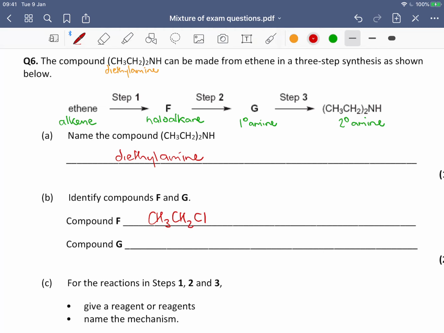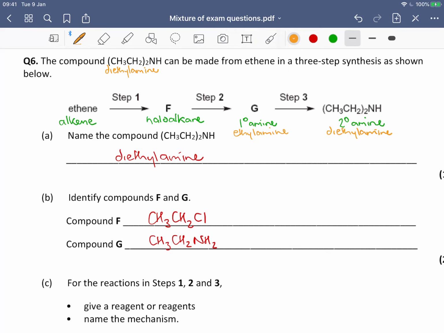And then haloalkanes undergo nucleophilic substitution. We're making a primary amine, so we're making ethylamine. And it would have been a very fair assumption that it was going to be ethylamine, given that our final product was diethylamine.